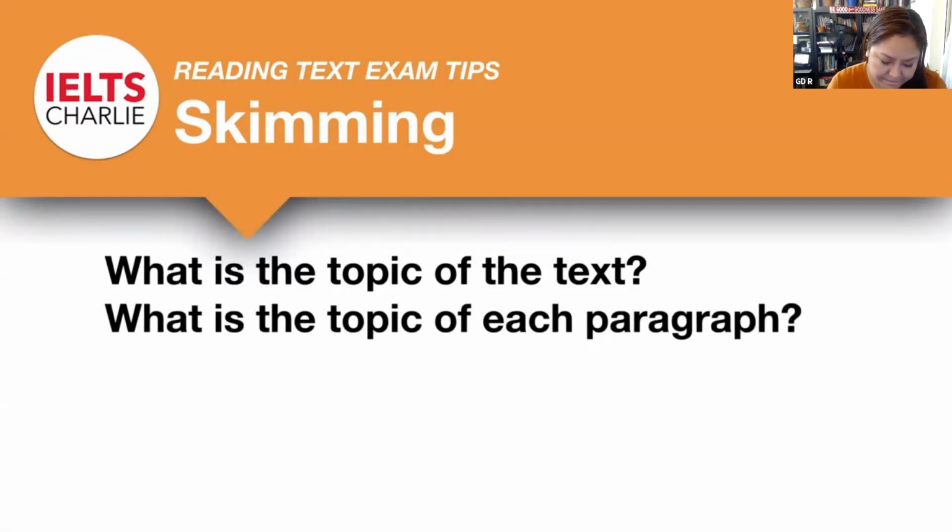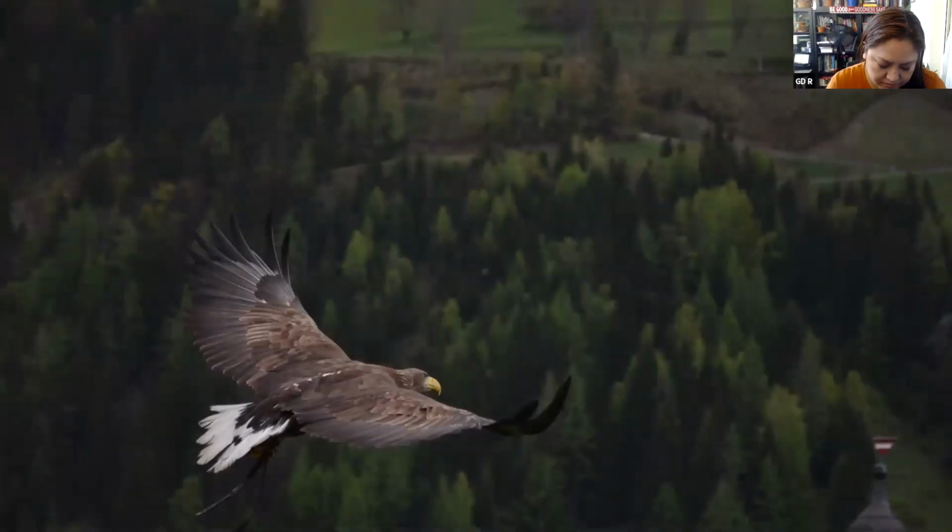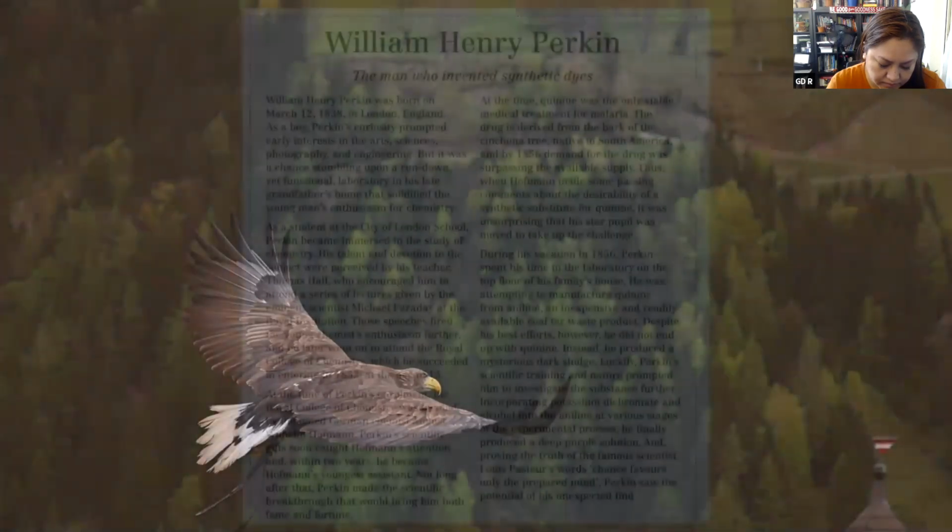You're going to try to build a kind of bird's eye view of the text, a very high up view, so you can see where everything is. You're trying to build a map of the text so you know what's in each paragraph, what each paragraph is about, and what the text is about.